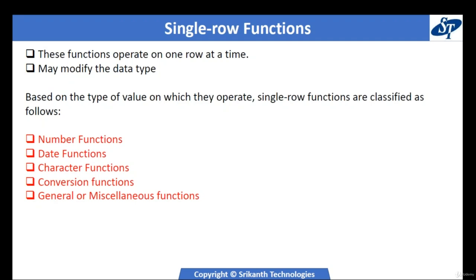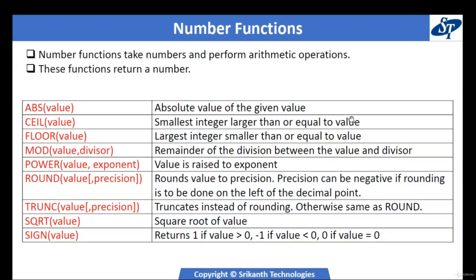If it works with strings, also known as characters, a character function. If it is used to convert one type of data to another, we call it a conversion function. And finally, if it is working with different data types, we call it a miscellaneous function or general function. Let's first focus on numeric functions or number functions.